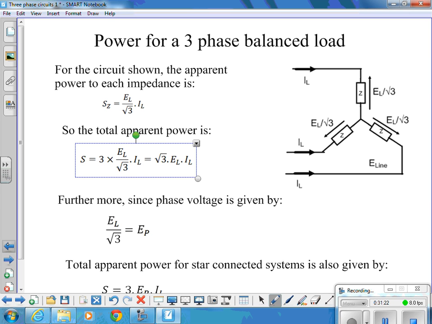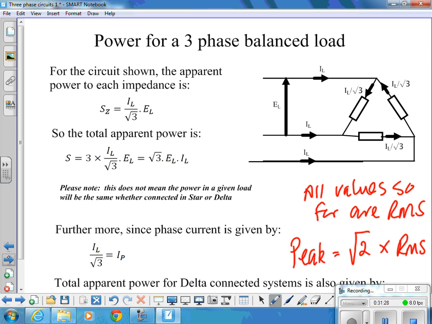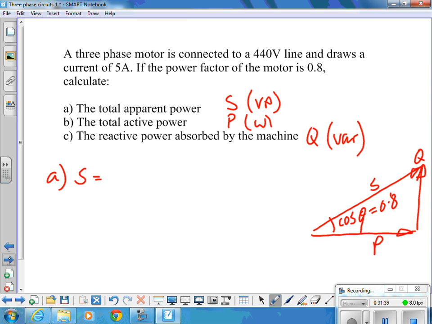S is root 3, E line, I line. And if it's connected in delta, S is root 3, E line, I line. So no, in this case we don't need it specified whether it's connected in star or delta.